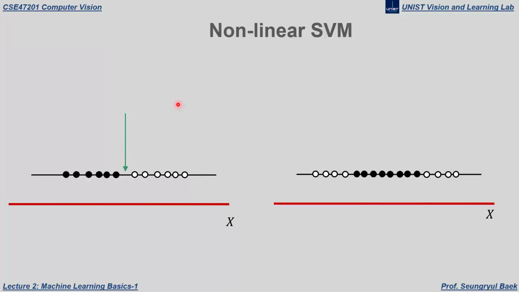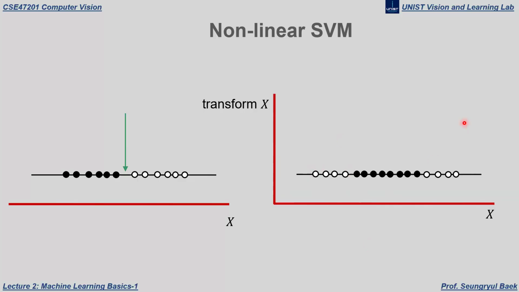If you see, this is visualizing the linearly separable case. Black samples and white samples are the two classes, and this straight line can divide these samples well, okay? But if your data looks like this, this is the example of a nonlinear case.